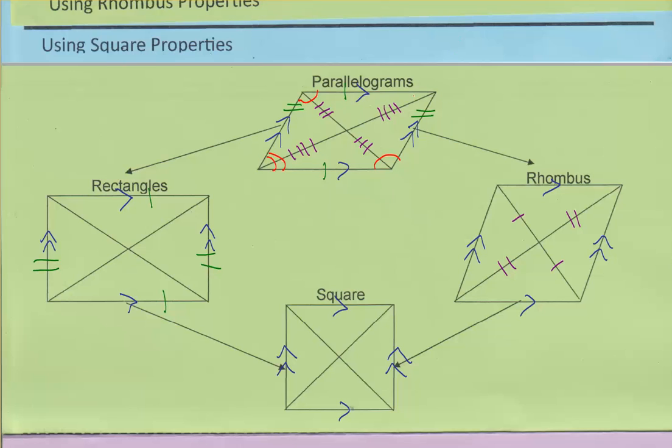And this angle is congruent to this one. And the other angles are a little bit different, so I'm going to wait to mark those, even though it's still true opposite angles are congruent for the other three as well. But there's something special that happens with those angles in the other three.